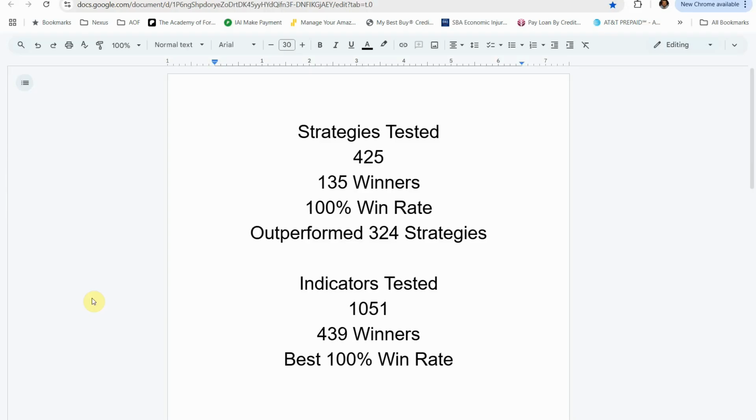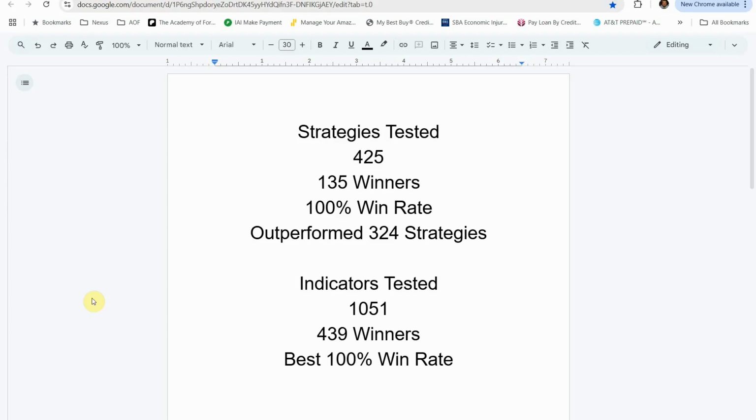Alright, as I said, today we will be testing a crypto day trading strategy. Before we do though, I wanted to put the testing scoreboard up for everyone to see. So to date, we have tested a total of 425 different strategies, with 135 of them being winners. The best one so far was able to achieve a 100% win rate.